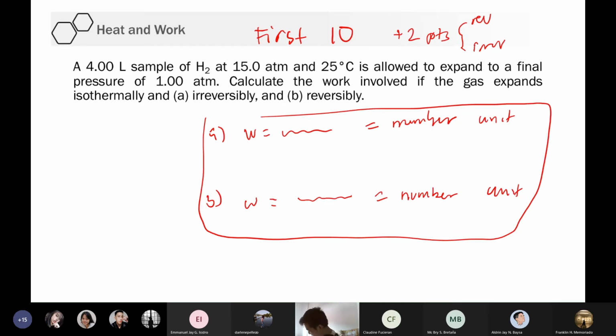Nag-unboxing lang ako. Wala pa rin nagsasagot.